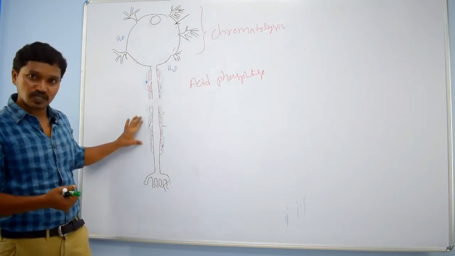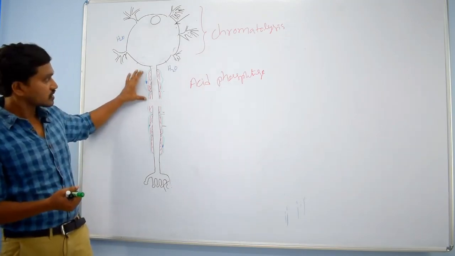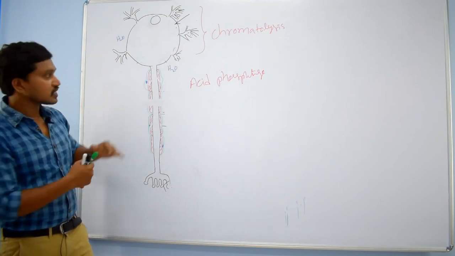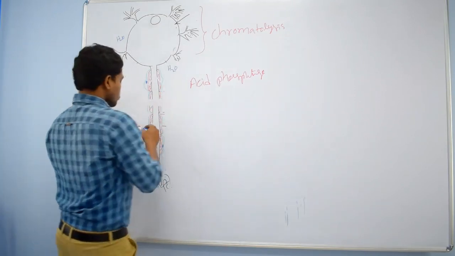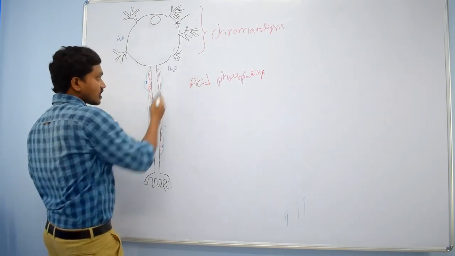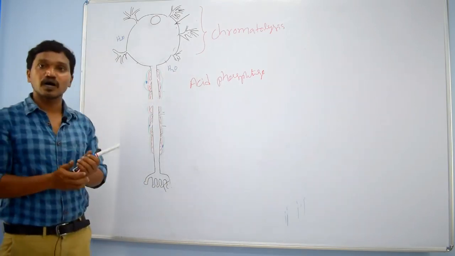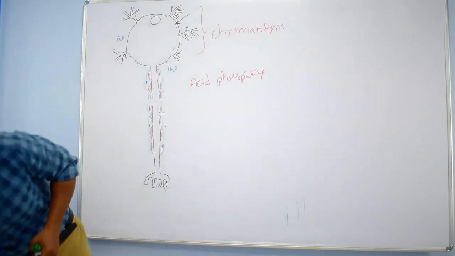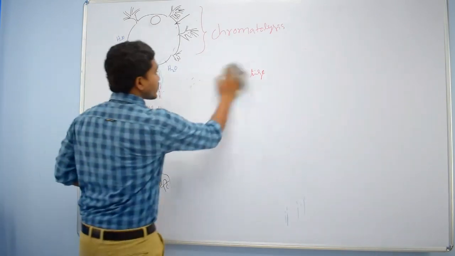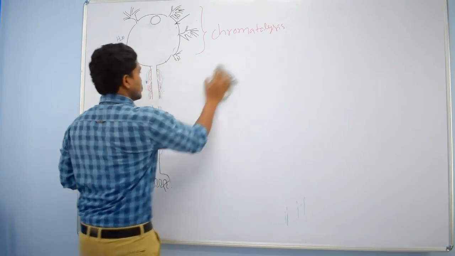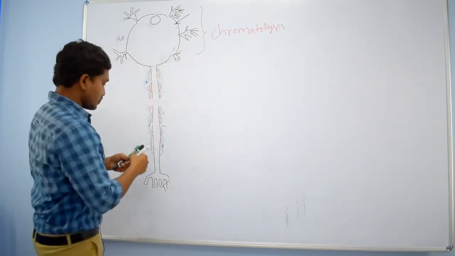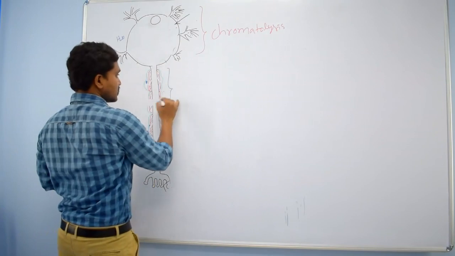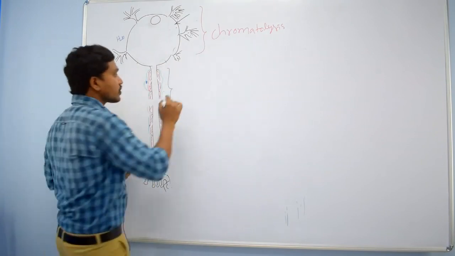Then what are the changes which occur in the proximal stump? And this is the distal stump. First we will discuss the changes in the proximal stump. These we call retrograde degenerative changes.